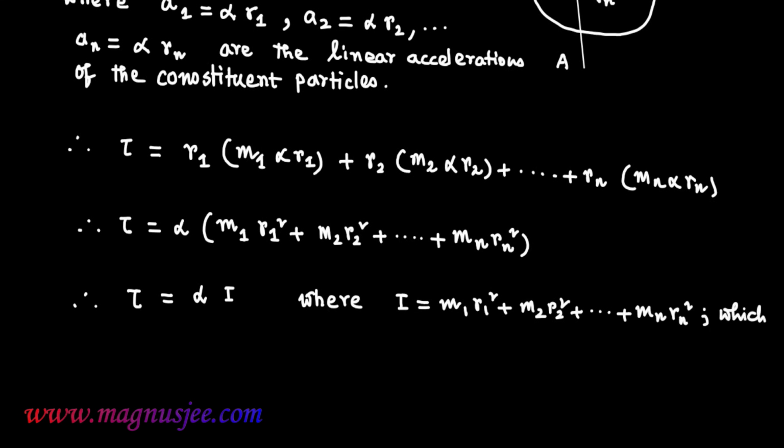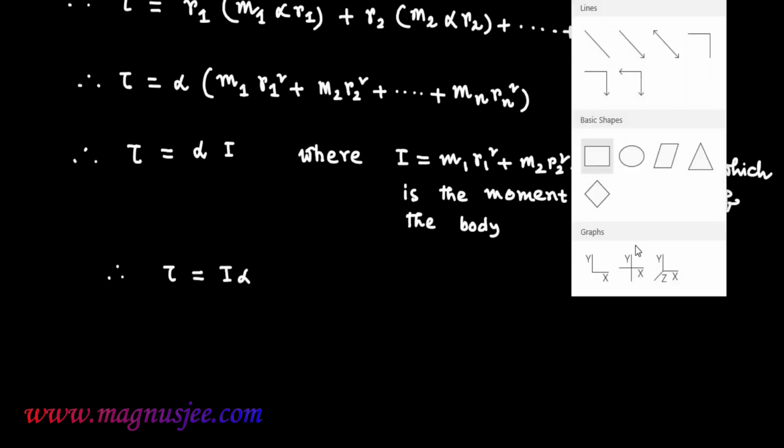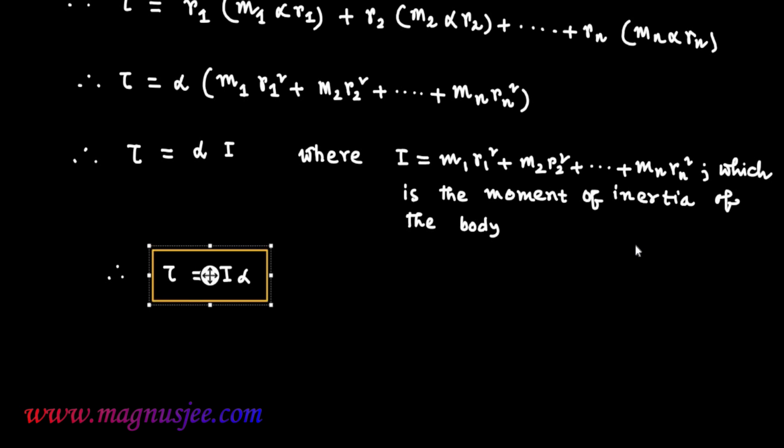That is the sum of the product of the mass and the square of the perpendicular distance of the constituent particles, which is the moment of inertia of the rigid body about the axis of rotation AB. So tau equal I alpha means torque is the product of moment of inertia and angular acceleration.